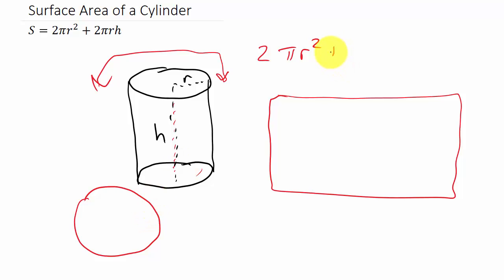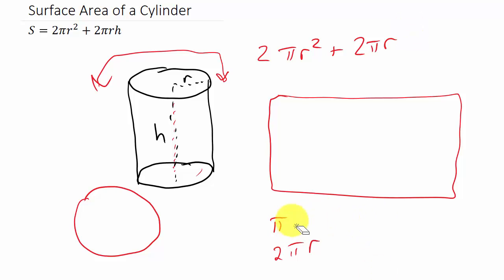And what's the circumference of a circle? It's pi times the diameter. Or another way to look at it is pi times twice the radius, because isn't the diameter 2 times the radius? So we can look at it as 2 pi r. And so that's where the 2 pi r comes from.